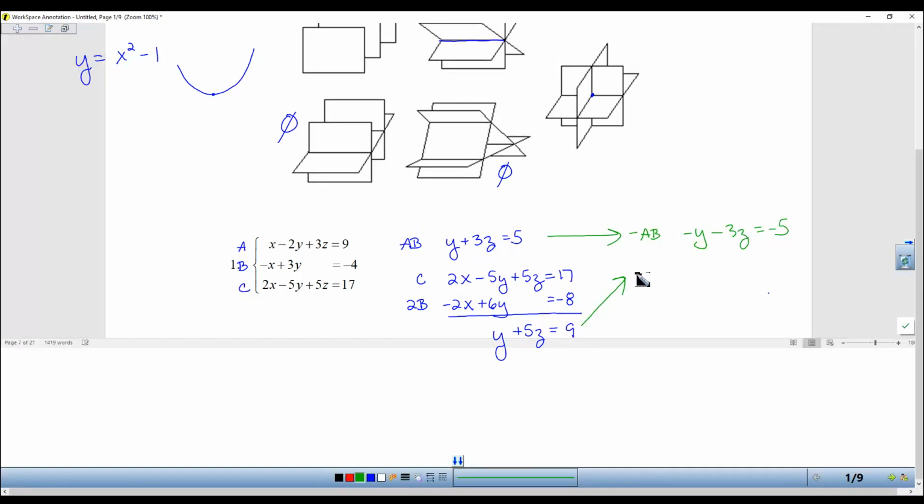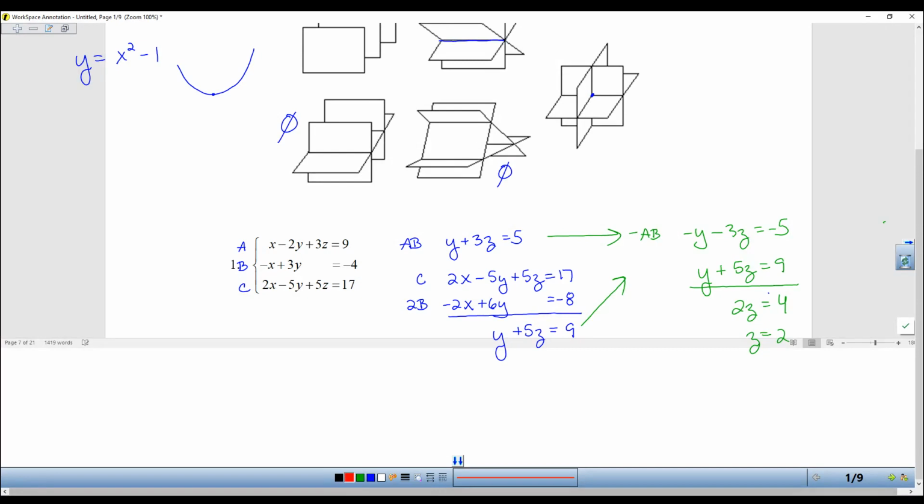And then this one is just going to be C plus 2B, which is y plus 5z is equal to 9. Although, if you're not going to change an equation, you're welcome to just put an arrow showing that you're going to redo this one. I add them up, and I get 2z is equal to 4, so z is equal to 2.